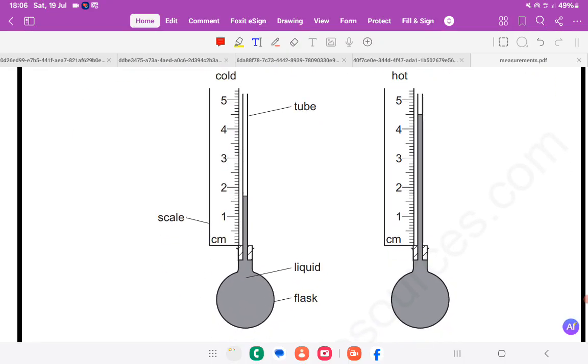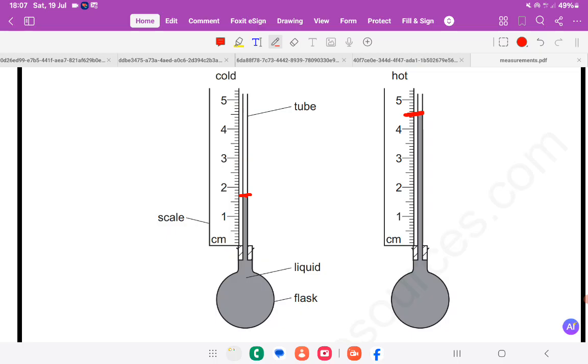When it's cold, the height of the liquid is this one here. Okay, and when it is hot, because when liquids are heated, they expand, the liquid expands through the tube, and it goes up to that point there.